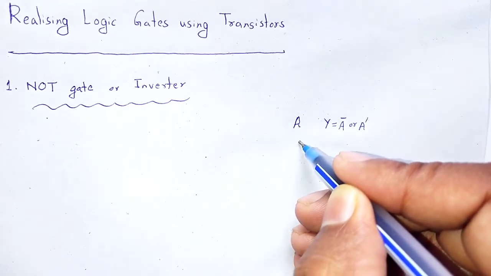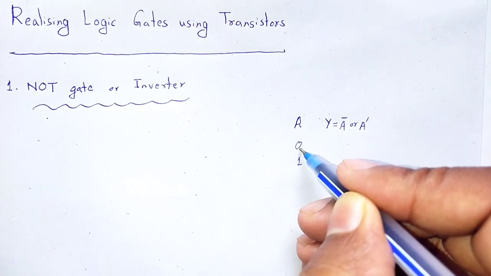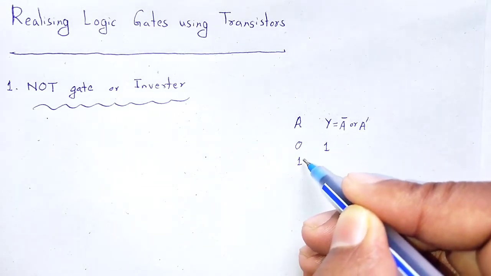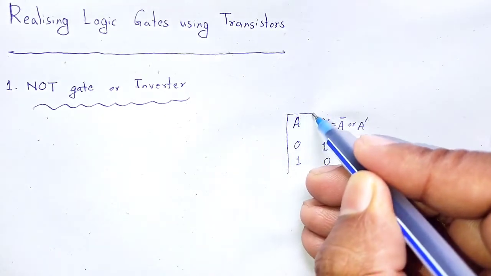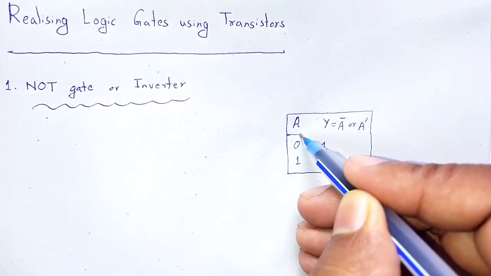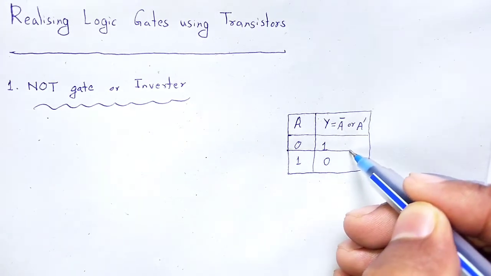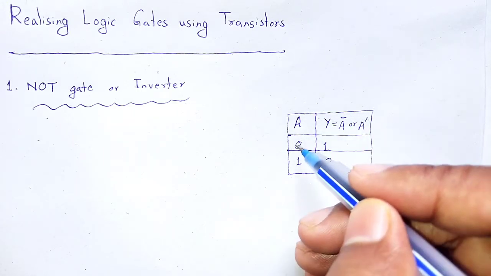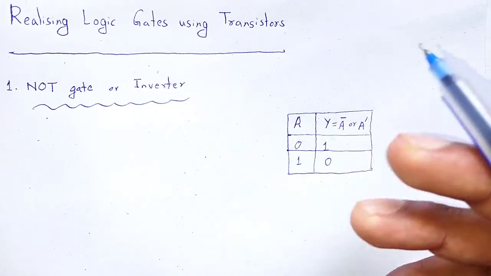The possible inputs are 0 and 1. For low input we have high output 1, and for high input we have low output. That is the truth table of the NOT gate. As the output is just the reverse of the input, that's why we call it an inverter.